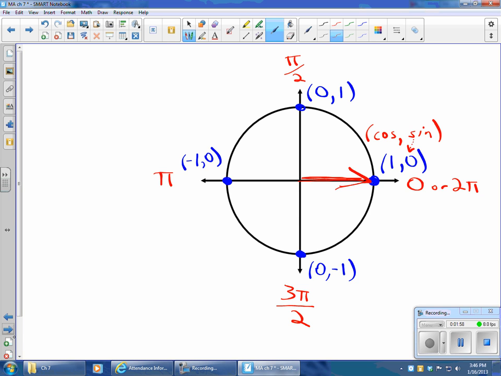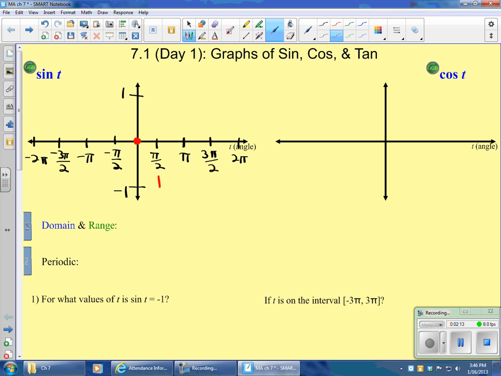As I go back to the unit circle, now if I rotate to pi over 2 radians, the sine is now equal to 1. So for the graph at pi over 2 radians, which is right here, the sine is 1. So I put a dot there. Okay, what about pi radians?